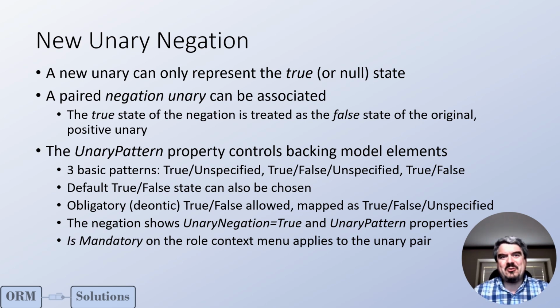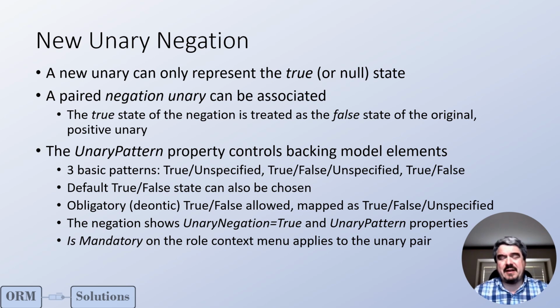If you don't pair the two, it actually has a true value, even though it's known to be the exact inverse of the other one. You need them paired so you know to do things like when I map to a relational model, I want one column, I don't want two, right? Similarly, when you map to a language with a Boolean property on it, you want one value, you don't want two for these things.